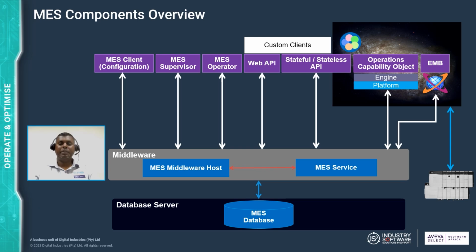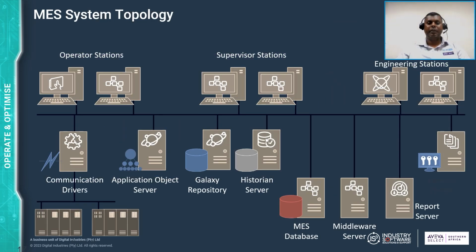We've got our web APIs, our stateful or stateless API. We have the MES intelligence reports as well. This diagram is an example of a distributed MES and system platform implementation where each computer has been designated a single role. Keep in mind that most of these roles can be combined on a single computer, depending on the size of the application, the hardware resources available, and the design of the project.